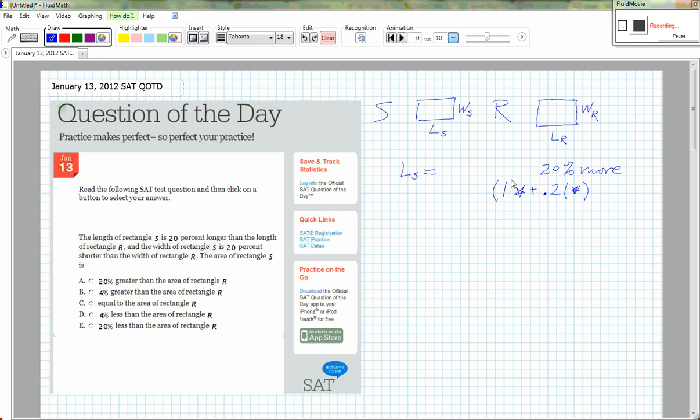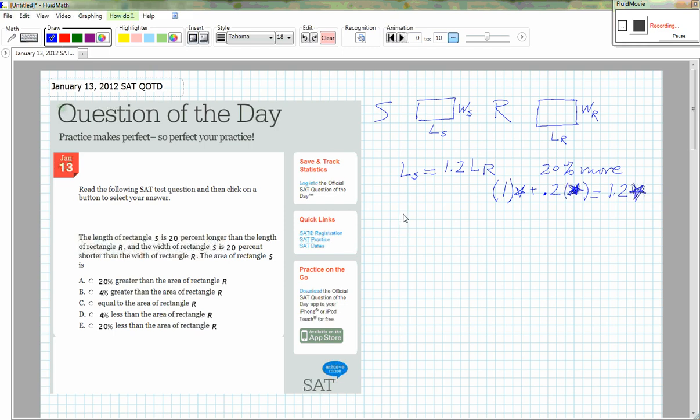And there's a 1 out here, where the star is how much of something you got. So that means that 1.2 times star is what you mean in math when you say I'm 20% more than something else. So the length of S is 1.2 times the length of rectangle R.